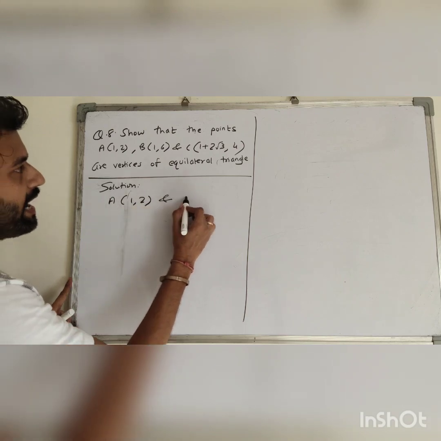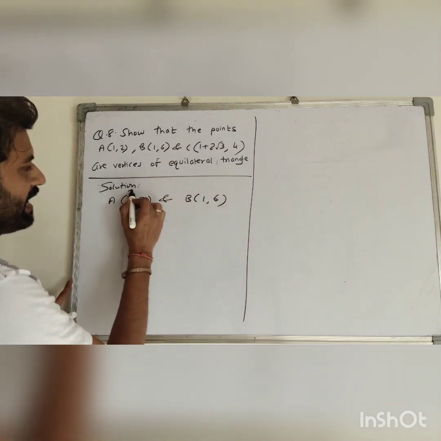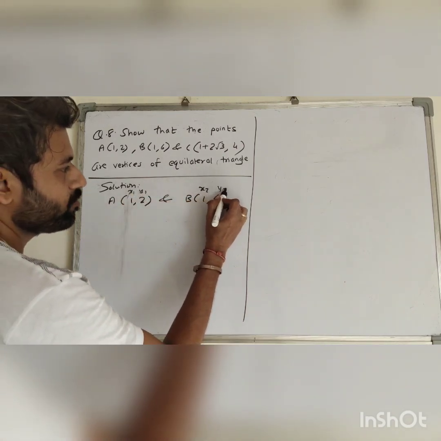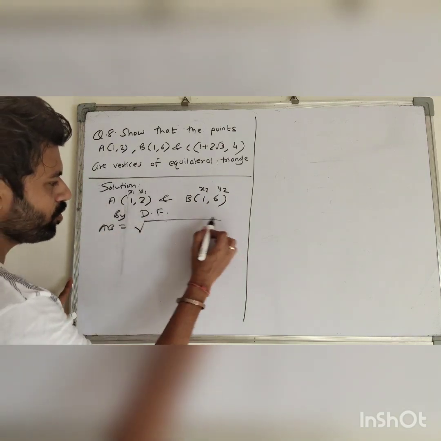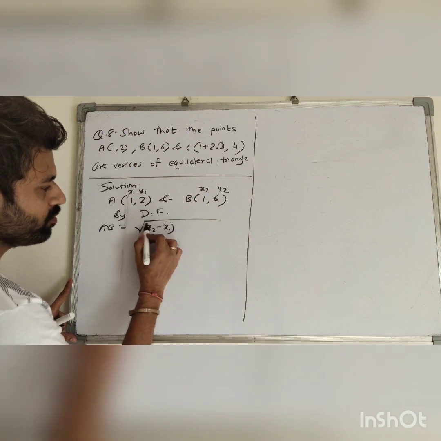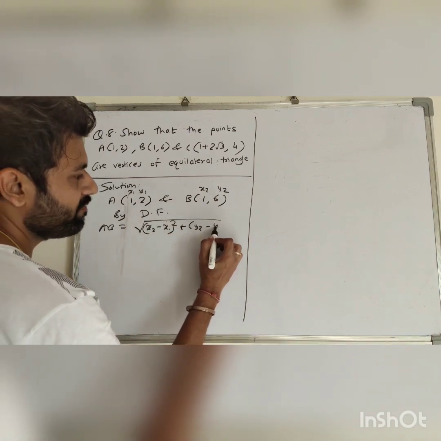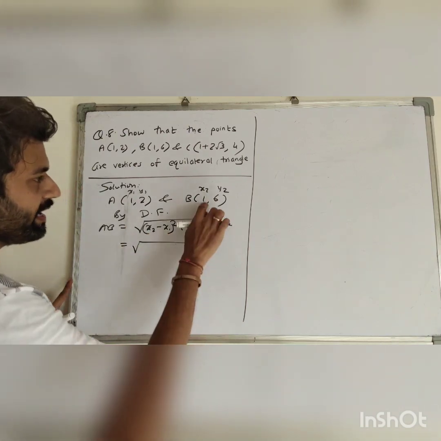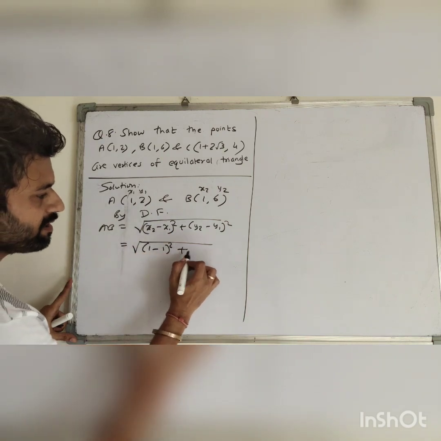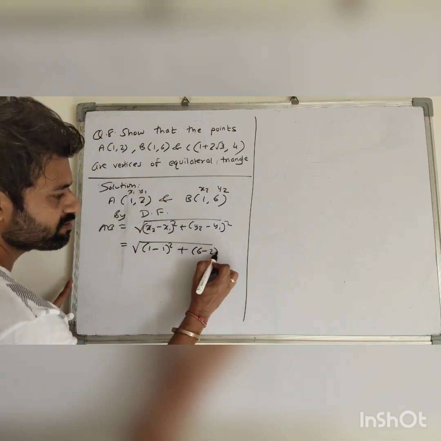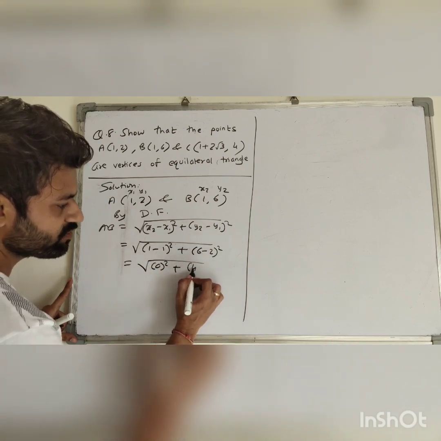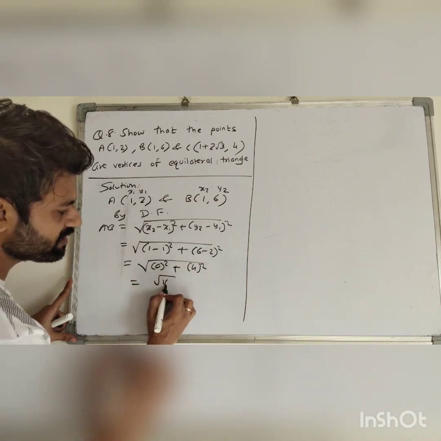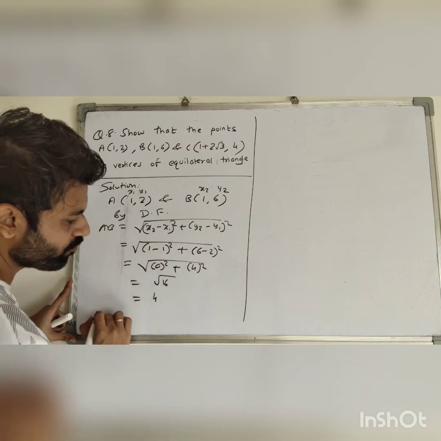A is (1, 2) and B is (1, 6), x1, y1, x2, y2. By distance formula, we write AB is equal to whole root of (x2 minus x1) the whole square plus (y2 minus y1) the whole square. We get (1 minus 1) the whole square plus (6 minus 2) the whole square. 1 minus 1 is 0 square plus 6 minus 2 is 4 square. 0 has no value, 16. The square root of 16 is 4. 4 is the answer.